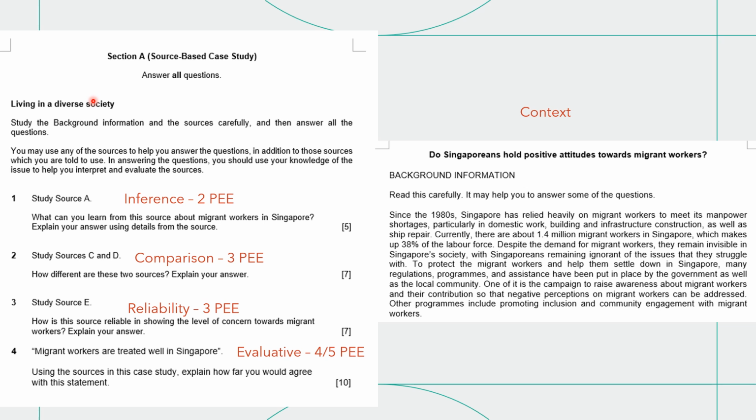For instance, in 2022, West Spring set a question on US gun law. Imagine you never read the background information. How are you going to make sense of the sources? So it really matters, especially when the case study has nothing to do with Singapore, and you find it so foreign, you find it so unfamiliar. Okay?